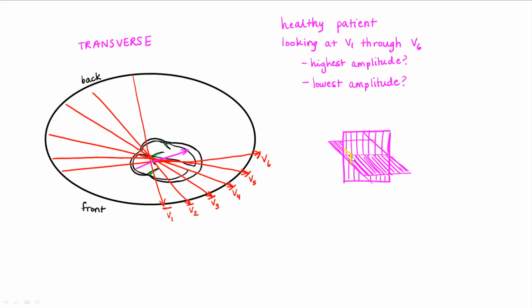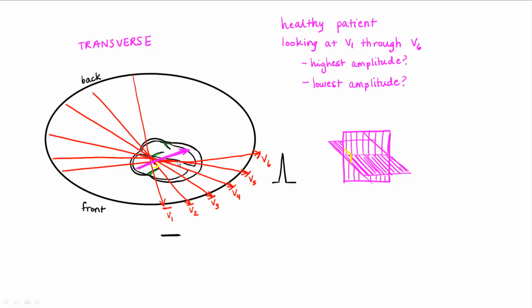Well, if you look at the direction of charge motion right here, and then compare it to V1, you'll see that they're nearly, at least in this diagram, at 90-degree angles. So for V1, you would expect a baseline voltage. But then you see that this arrow is the most parallel to V6. So then you would imagine that V6 would have a nice, highly positive amplitude.